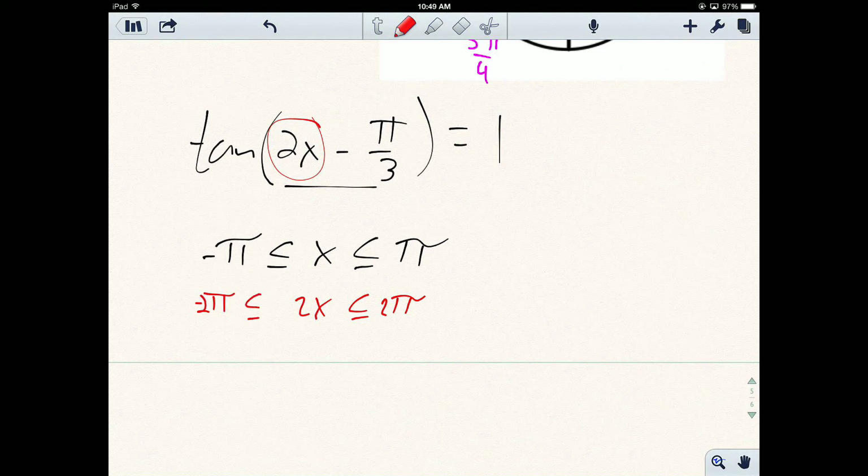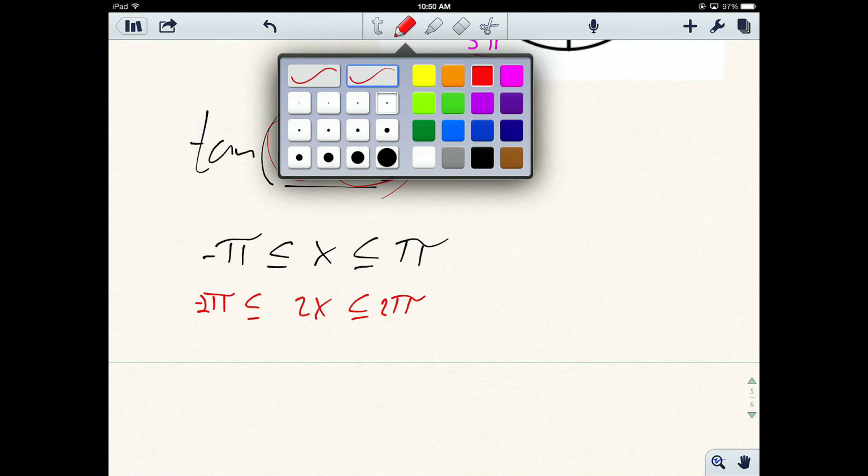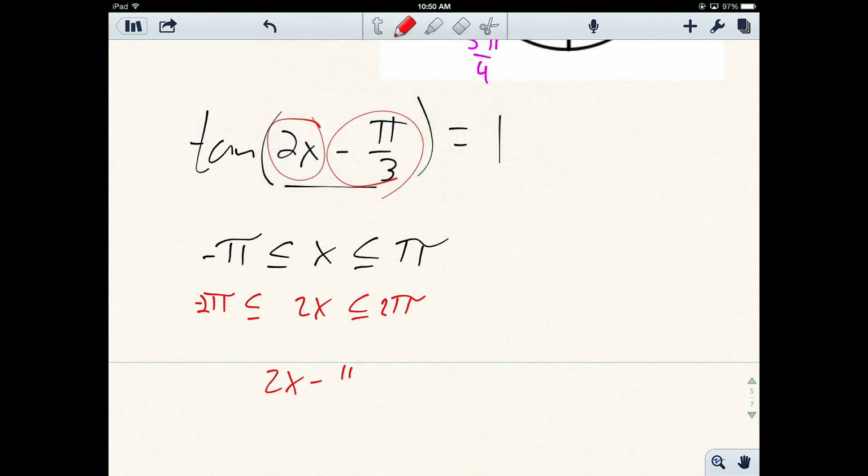Since we dropped a 2 in here, this gets doubled and that gets doubled. And then we also have this piece, 2x minus pi thirds, so all I'm doing is looking at how this domain is shaping our x.